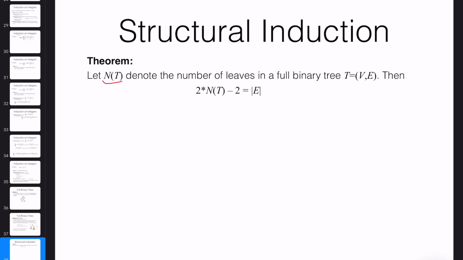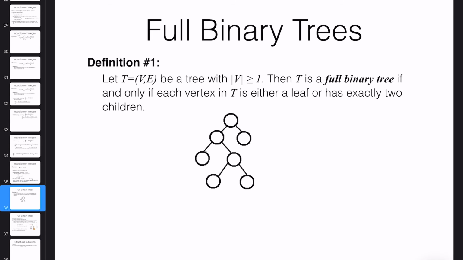What is a full binary tree, if you don't remember from COMP382 or from discrete math? This is the definition of a full binary tree. A full binary tree is a binary tree where all the nodes are either a leaf node, which means it doesn't have any child, or it has exactly 2 children. So this is not a full binary tree.